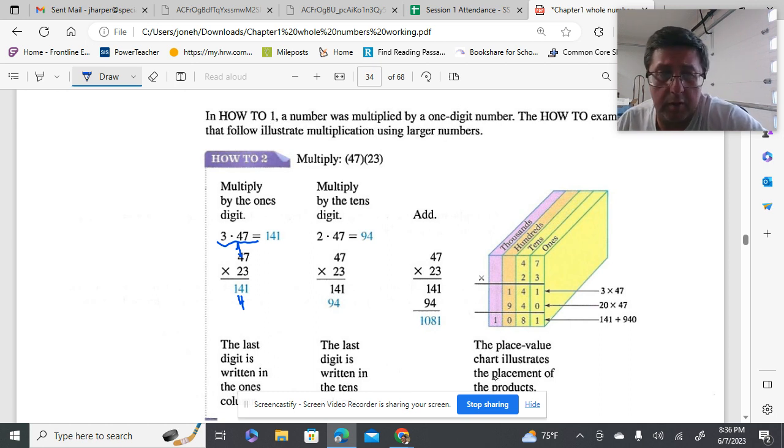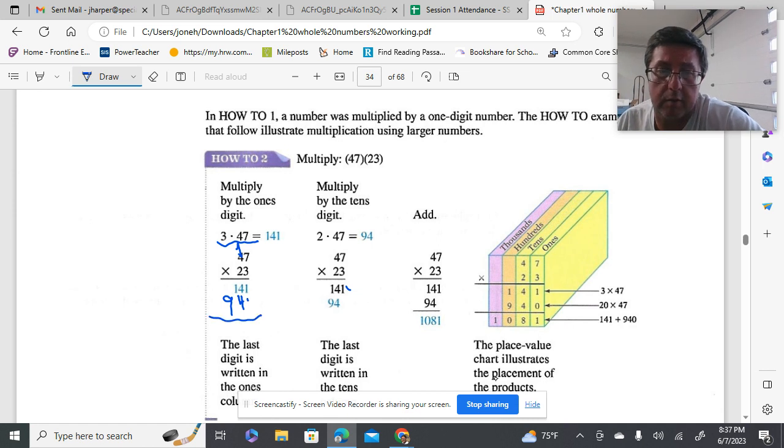Well, you could, but you'd want to put it over the 4 because there are tens there. So then you go 2 times 4 is 8, plus 1 is 9. So you look over here, and there's 2 times 47, which is 94.